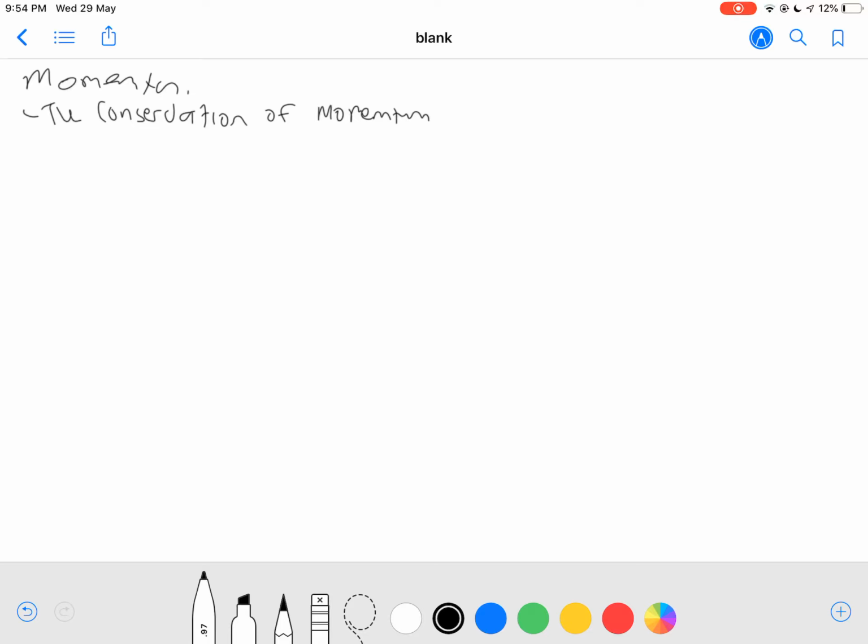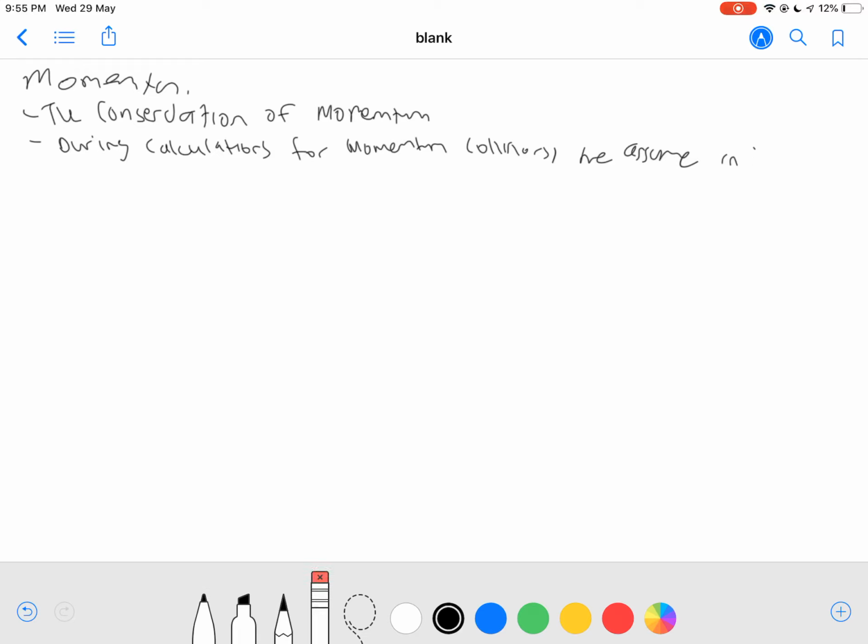Alright, so the next thing you need to know is, during calculation questions for collisions, we assume initial momentum is equal to the final momentum.